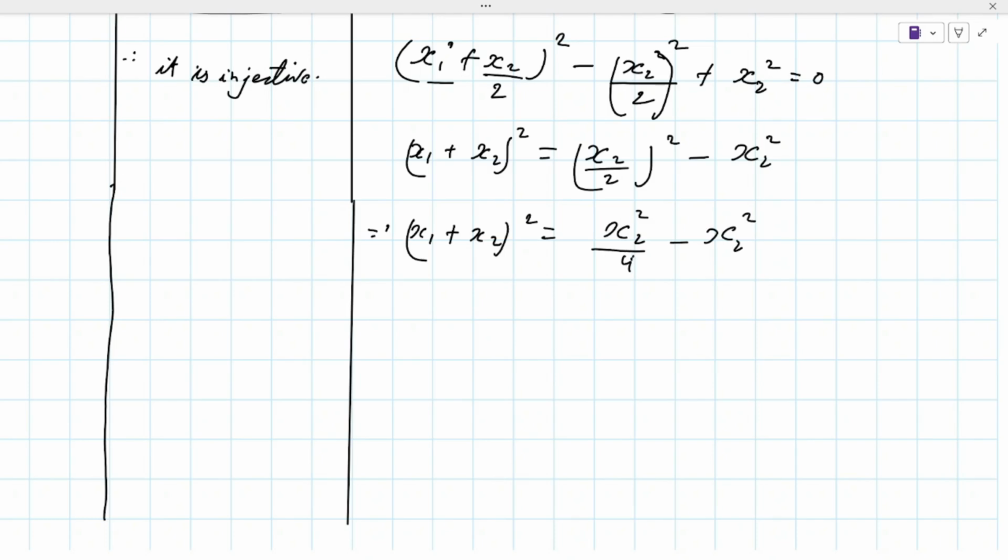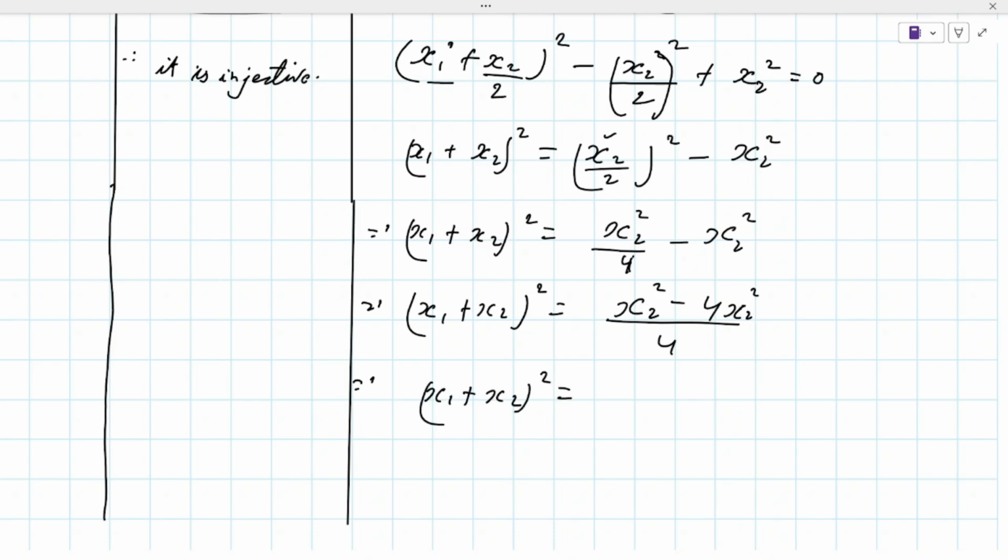Is there any doubt here? No. Here, sir, I have a square for the numerator and denominator. So x1 plus x2 whole square is equal to, now take the LCM, 4, and here x2 square minus 4x2 square, right? So it will be x1 plus x2 whole square equal to minus 3x2 square by 4, right?